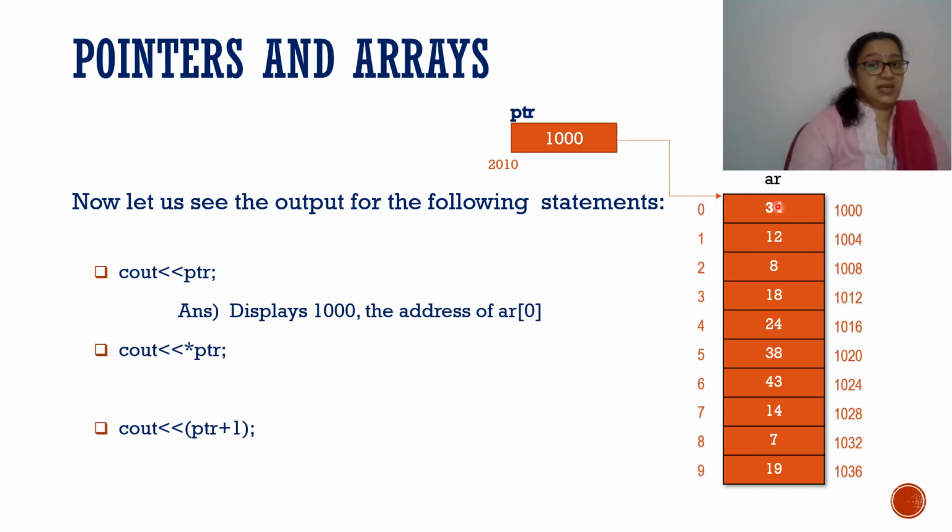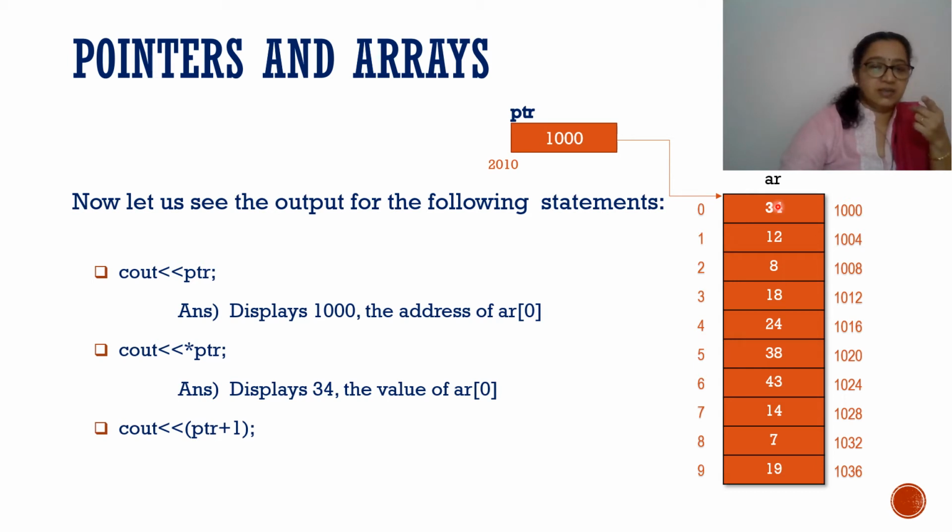Value at AR of 0? 34. So when you are using star PTR, we will get the content of that location. The content of PTR is 1000, and the content of that 1000 location is 34. Got it? Yeah. That is the difference between PTR and star PTR.